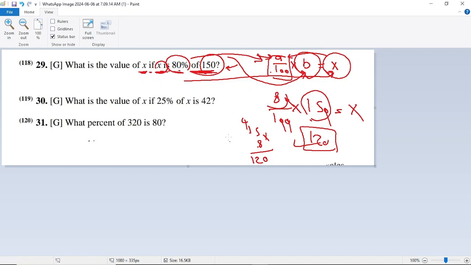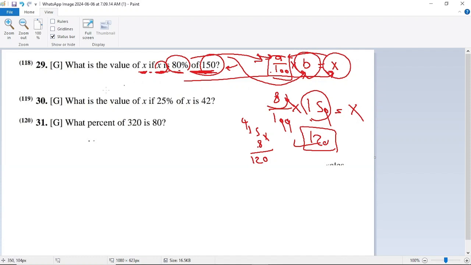Now let's see question number 30. What is the value of x if 25% of x is 42? So that means 25% is 42. So we'll apply the equation also.